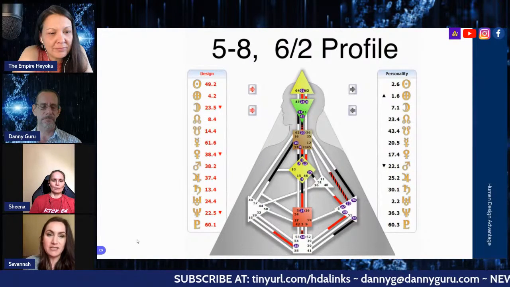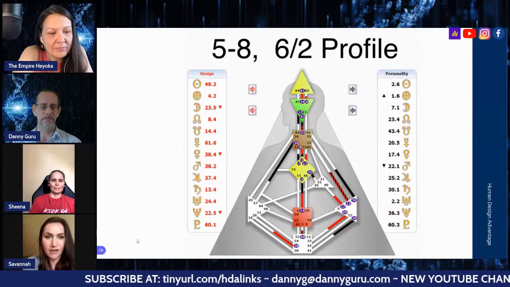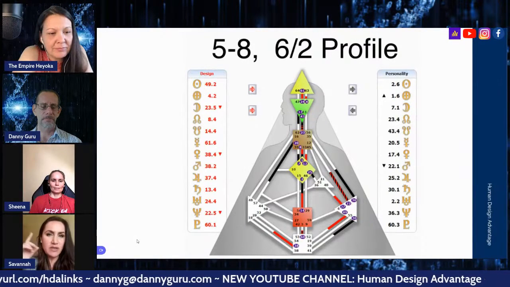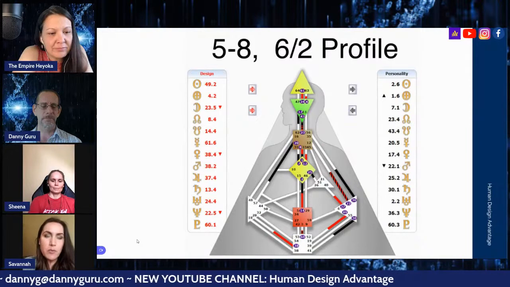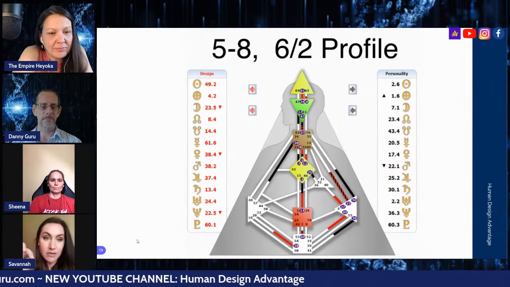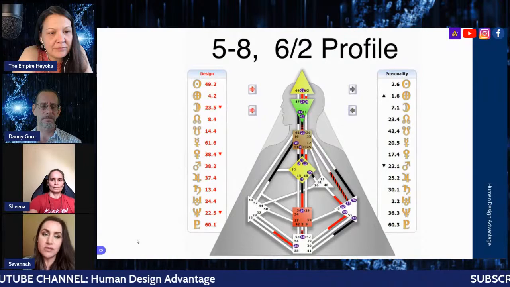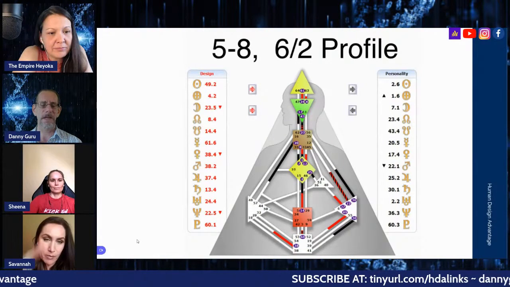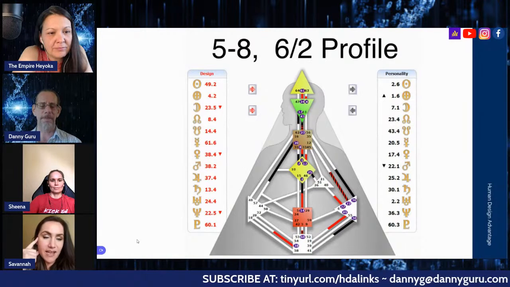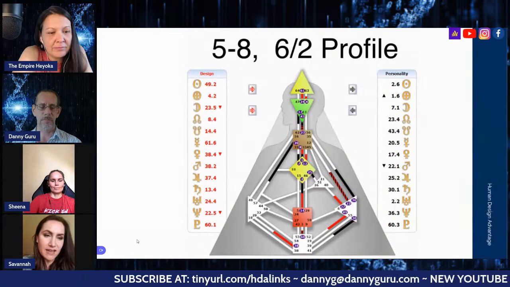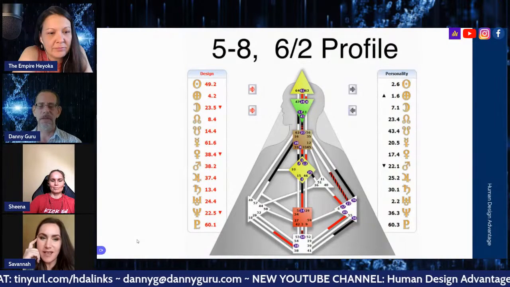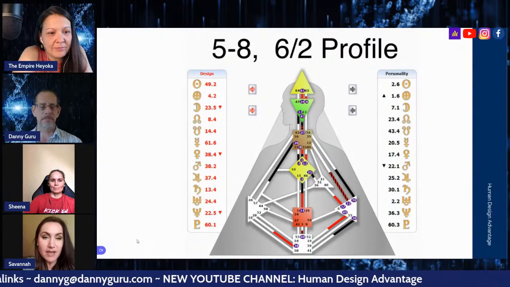I was in a human design group and someone posted their chart, and I thought, oh my gosh, that's identical to my husband's, just in a different place. Everything was the same, all the lines, the profile, but the only difference was the arrows up by the head. One arrow was pointing a different way, so I wanted to talk to you about that. Sorry, I don't know if I'm going off topic.